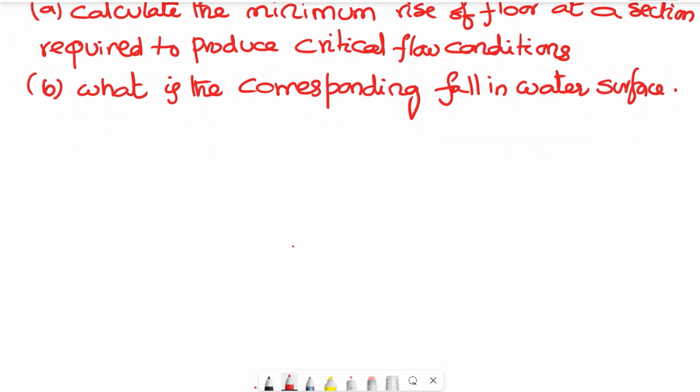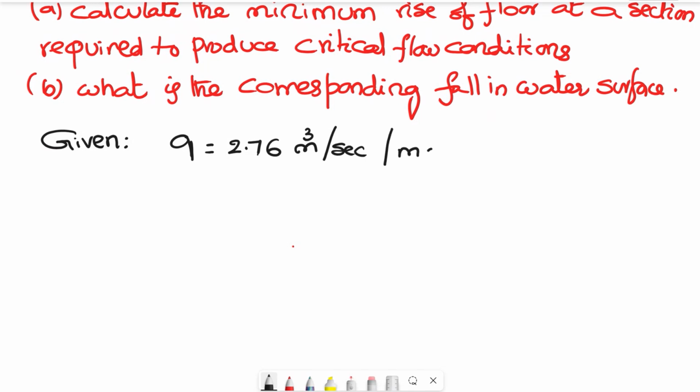If I look into what is given in the problem, number one, the given data is discharge in meter cube per second per meter width. That means it is q, given as 2.76 meter cube per second per meter width.